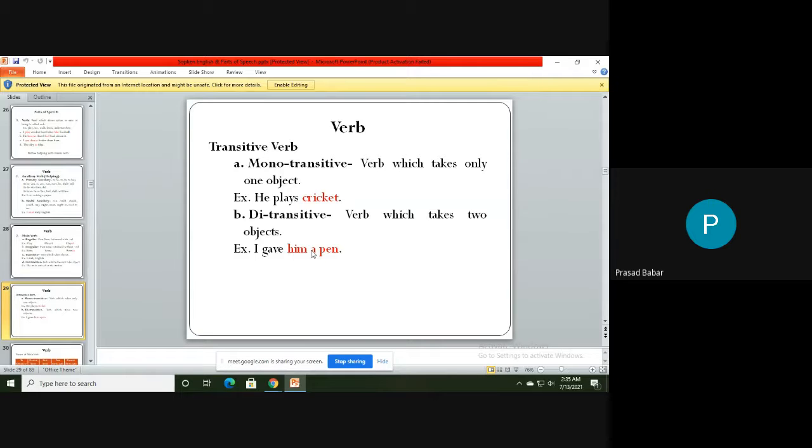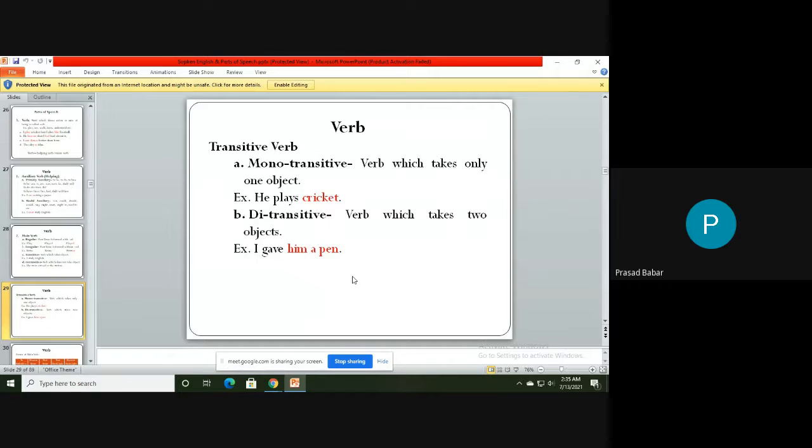So what are the examples then? Let's take an example. I gave him a pen. In this sentence, I is subject, gave is verb, and after that there are two objects which follow the verb gave, and that is why this verb gave is a ditransitive verb.